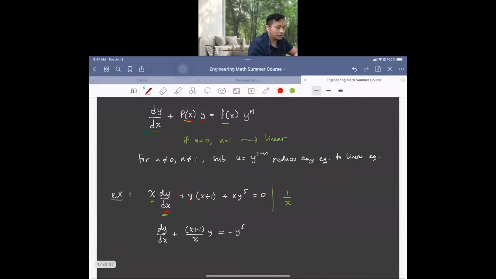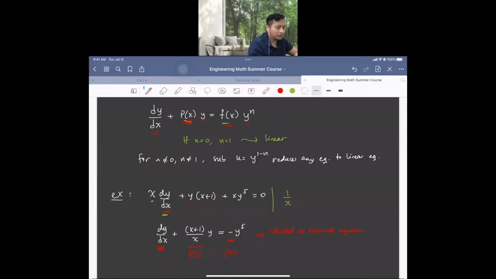Now simply, this is dy dx, this is p of x, and this negative 1 is our f of x, right? So we can identify that this is a Bernoulli equation.